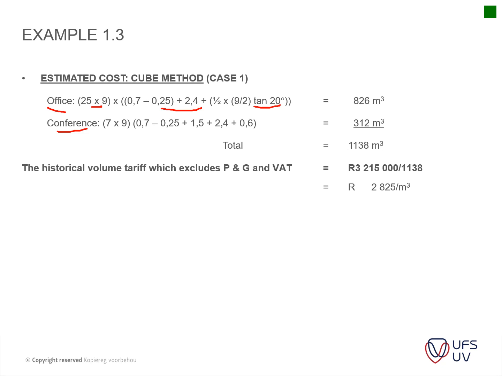What the dimensions basically say is we've got 700 millimeters to the bottom of our strip footing, so you deduct the strip footing to get to the top of our strip footing.